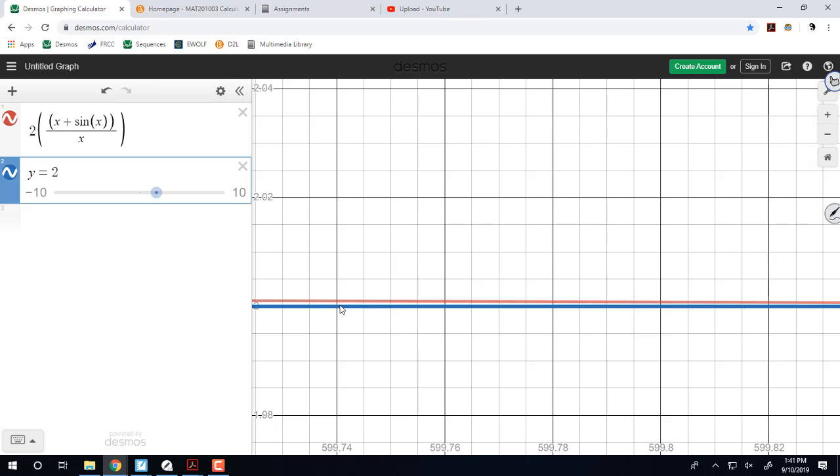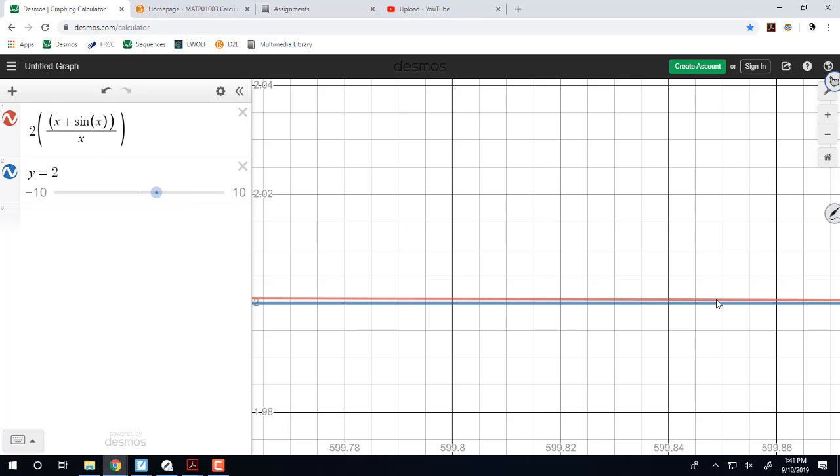Okay, so there's our horizontal asymptote, and the red is our function.